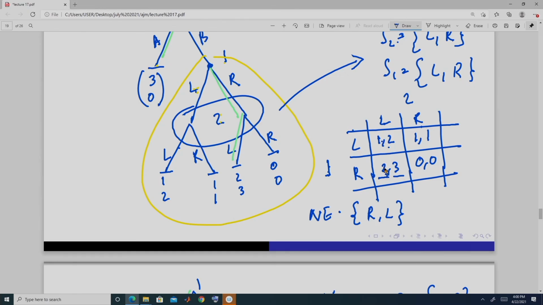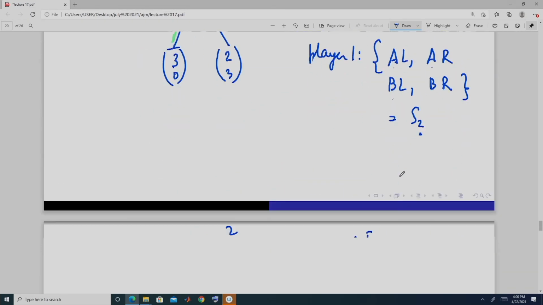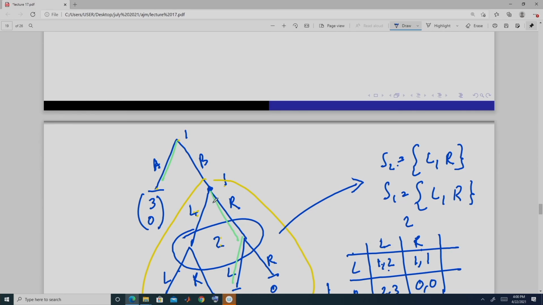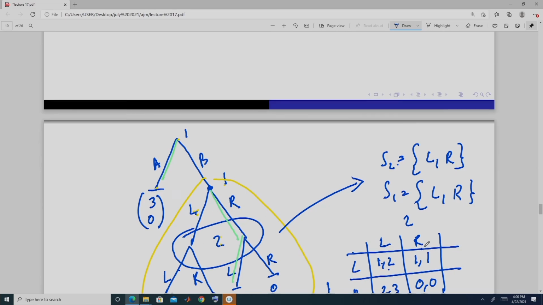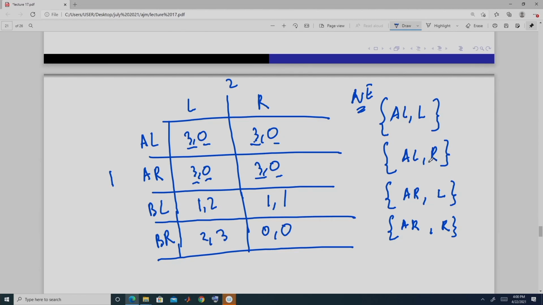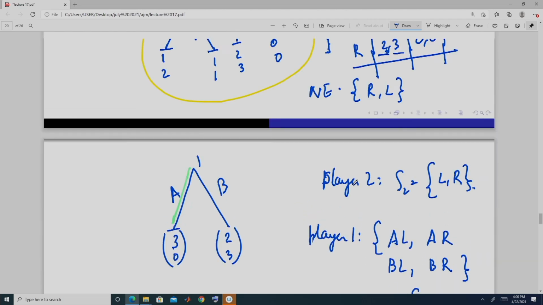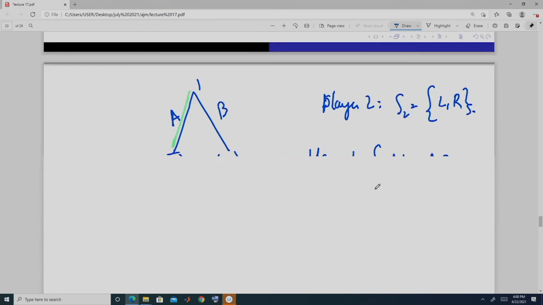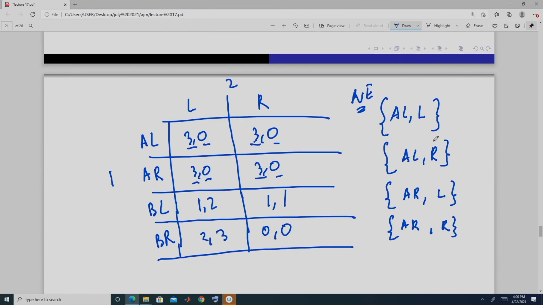So, R. That is why in this subgame, the Nash equilibrium of this subgame is not part of this strategy profile. Here again this is LR, this is also not a subgame perfect equilibrium here.